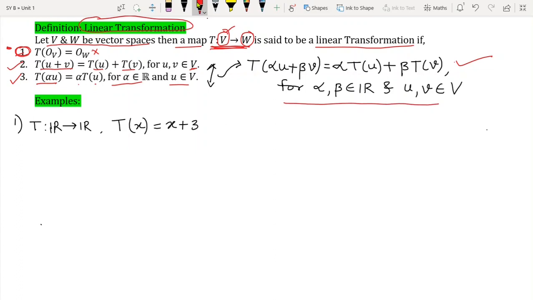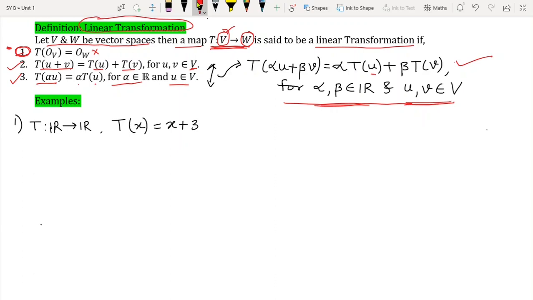So what this condition is saying, T of alpha u plus beta v should be equal to alpha times T of u plus beta times T of v for all alpha, beta belonging to R and u, v belonging to vector space V. Now let us go towards some examples.